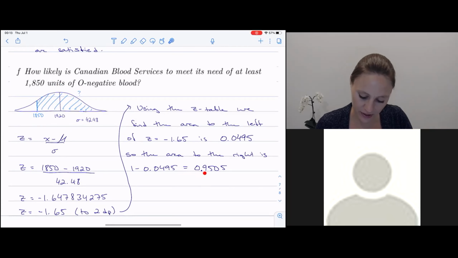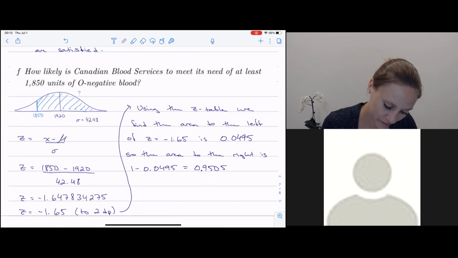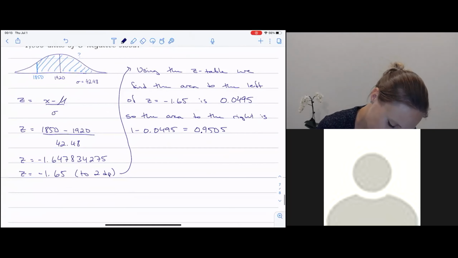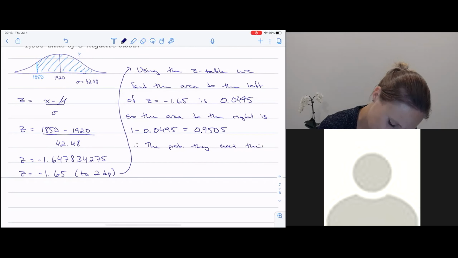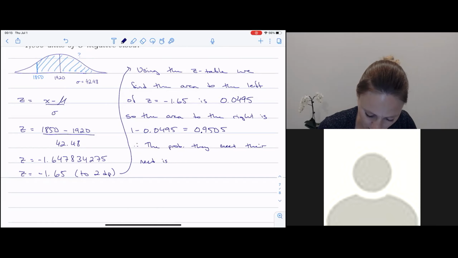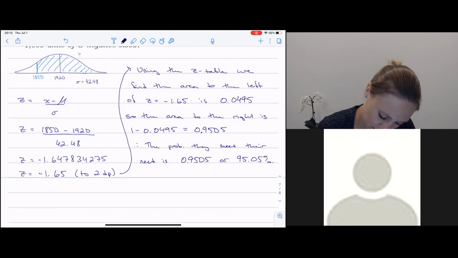So the probability that they meet their need is 95.05%. Therefore, the probability they meet their need is 0.9505 or 95.05%.